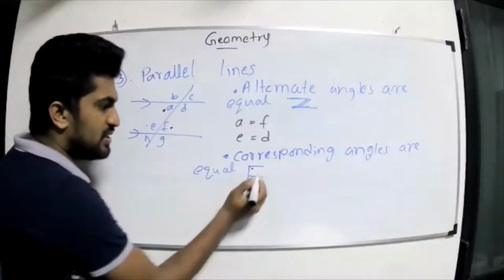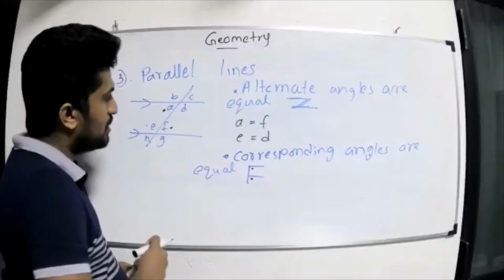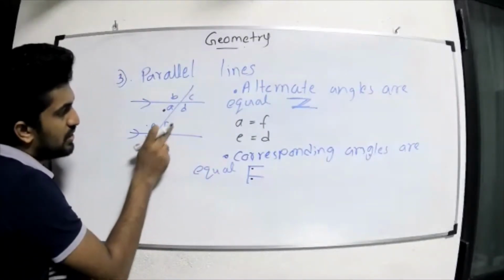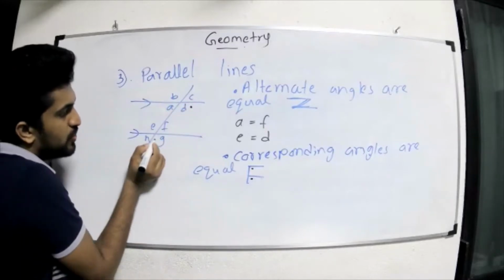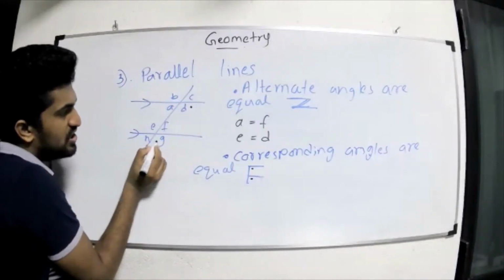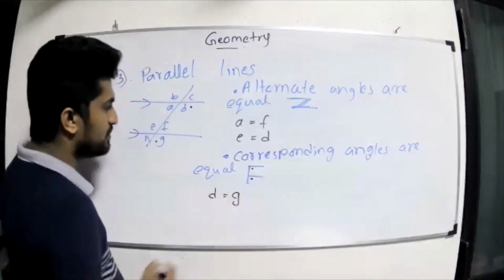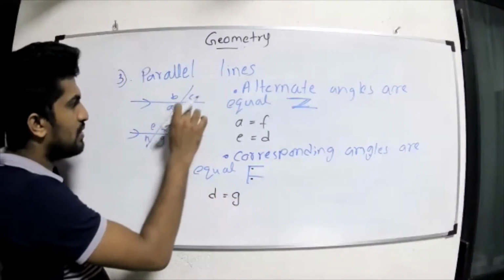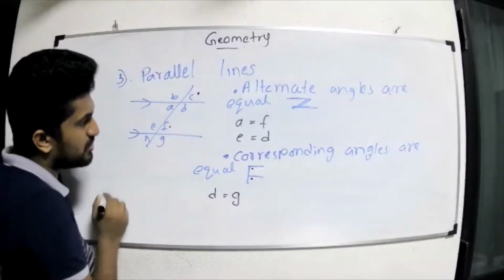Got it, my dear kids? Corresponding angles are equal. If I consider D, the corresponding one with D is G. D equals G. Next one, F equals C, corresponding.